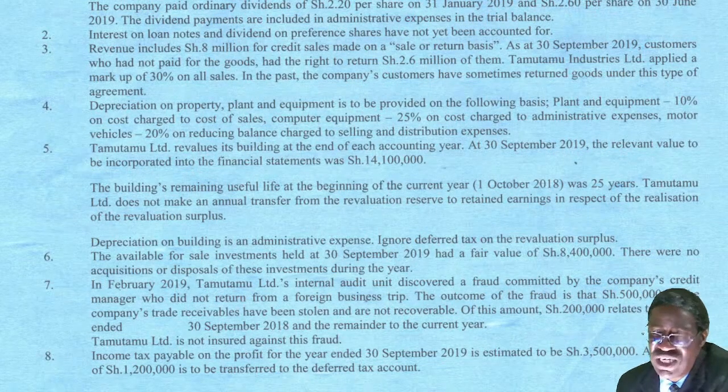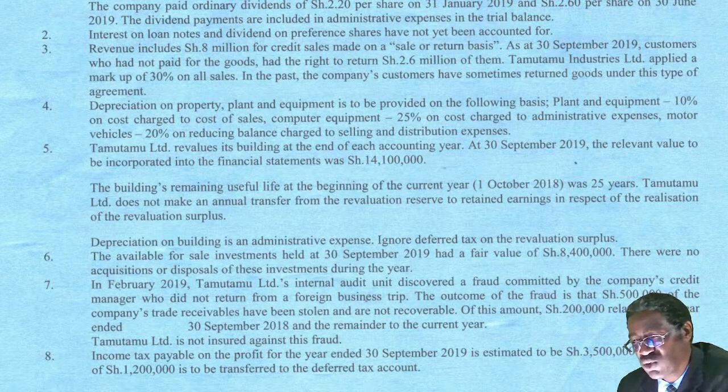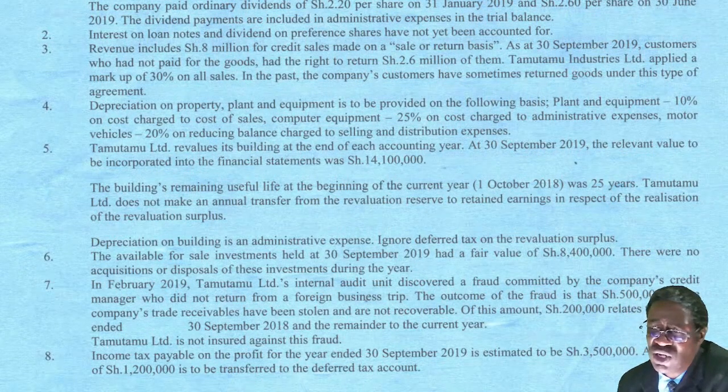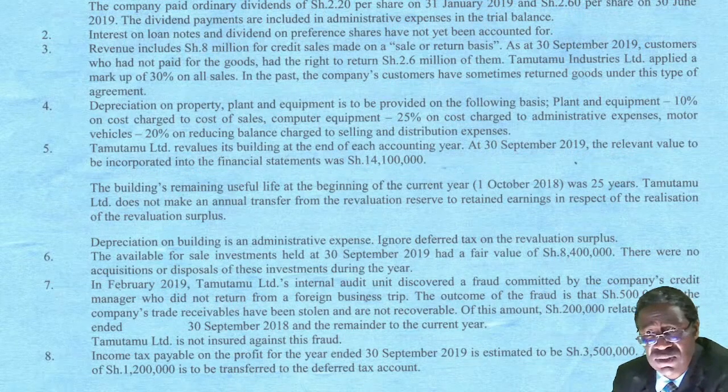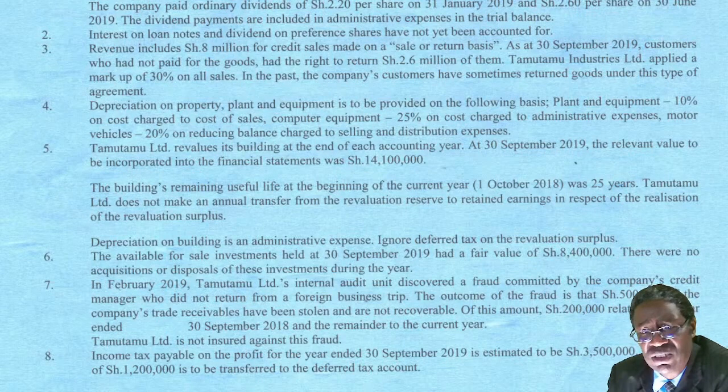That one is not a big deal, we have nothing to discuss. As we are doing the computation of the admin, distribution, cost of sales, we shall be charging those items effectively. Number 5.